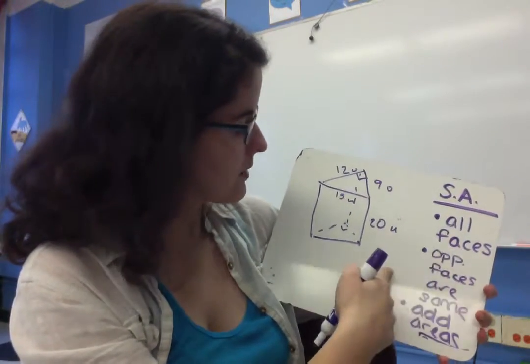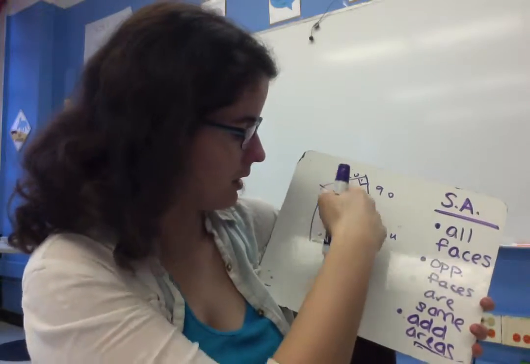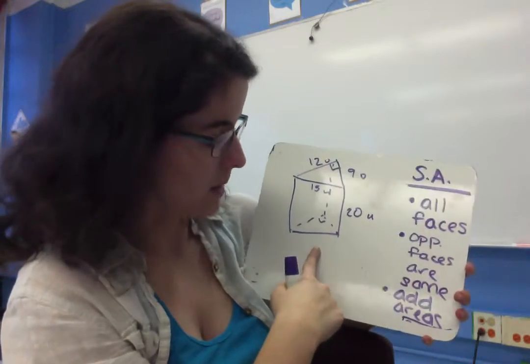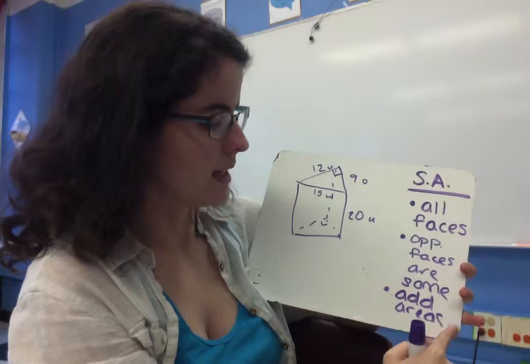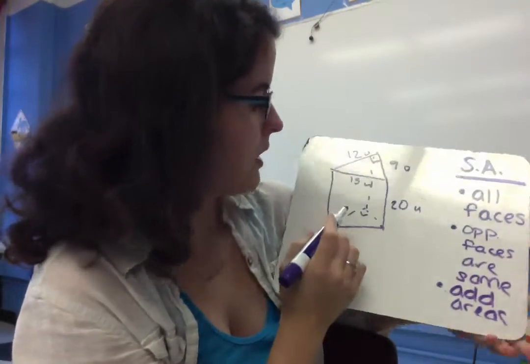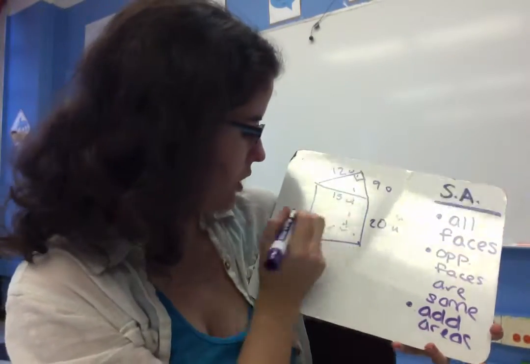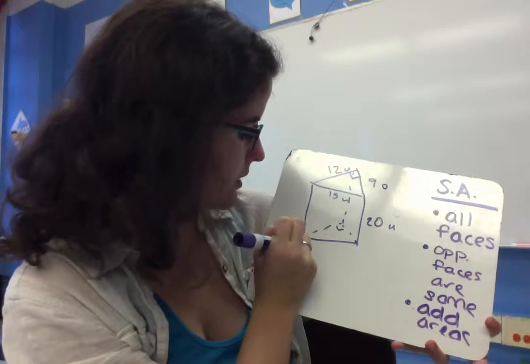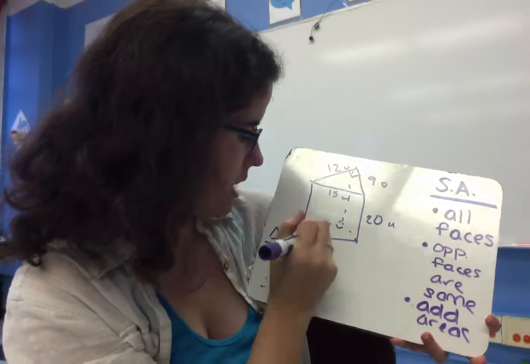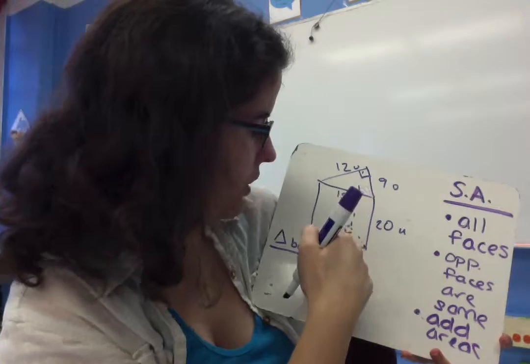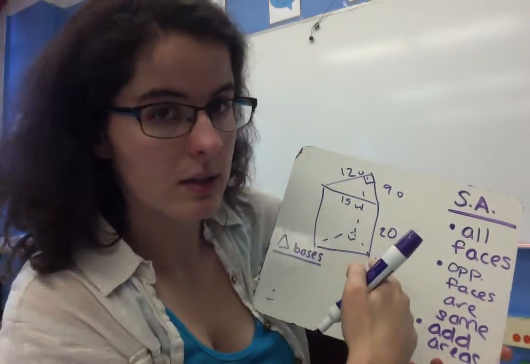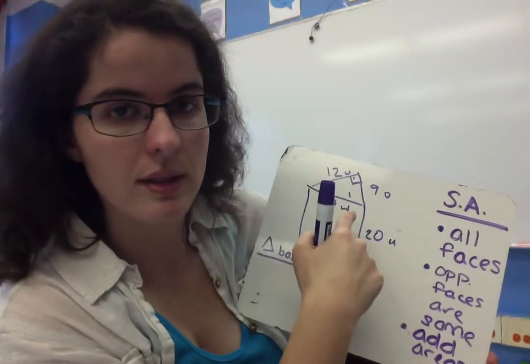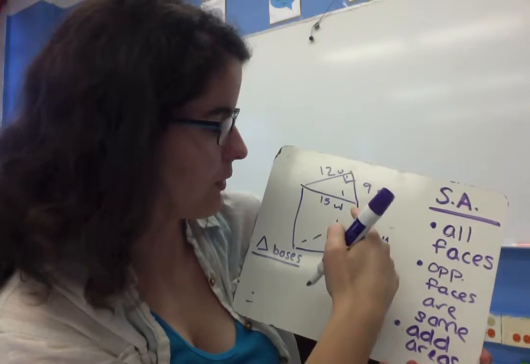I know that my opposite faces are the same, so my 2 bases are going to be the same area. And I know I'm going to need to find and add the areas of these. So let's name them. Let's call these our triangle bases. And then we could name our other walls based on their measurements. Since we have a triangle with 3 different sides, that means we're going to have 3 different walls.